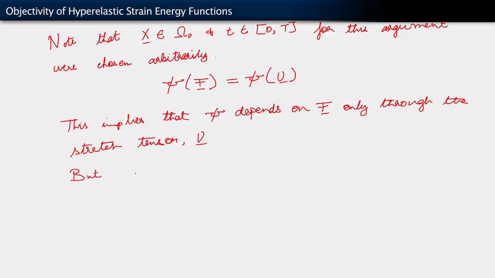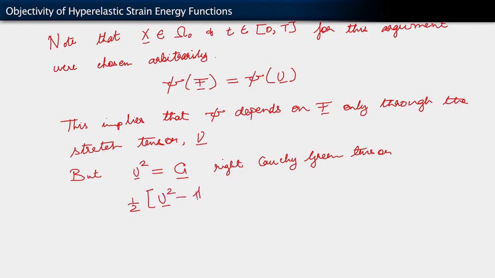We see that if we have U, then we can take U square, which is our right Cauchy-Green tensor C. Well, but then if we have U, we always have C, and likewise we also have 1/2 of U square, which is C now, minus the isotropic tensor, equals the Lagrange strain tensor.